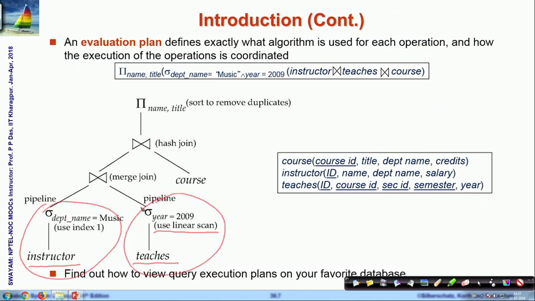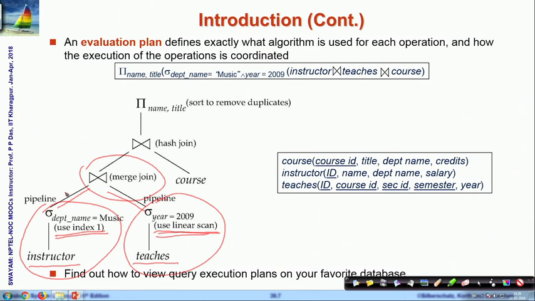So when we are putting this in, here we will use this index, here we will use a linear scan. These are what are called annotations, which tell the query processing engine how the query should actually be executed. Then this will be pipelined in the sense that it will be put one after the other. Actually, these two can happen in parallel, and then we will use a merge join to join these two.